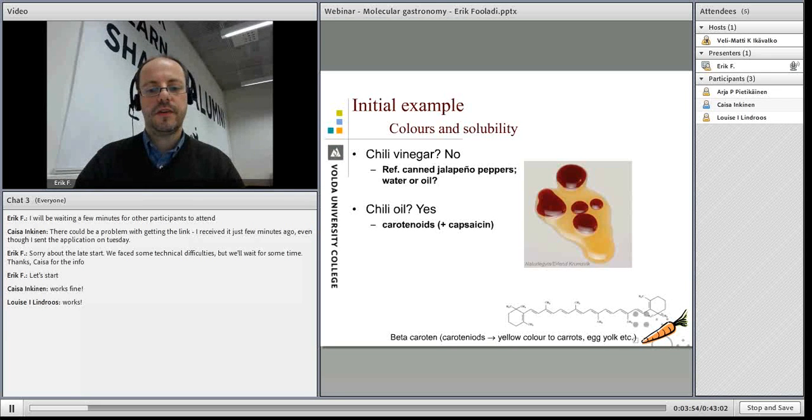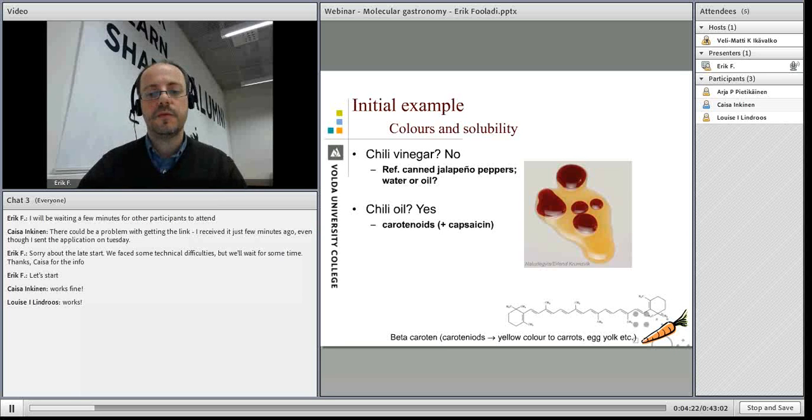The molecule you see here is beta-carotene, and it's the yellow color or reddish color from the chili. And if you're a chemistry student, you would see that this molecule is most likely not soluble in water. It's fat soluble, but not water soluble.